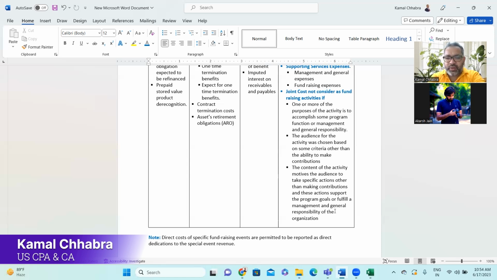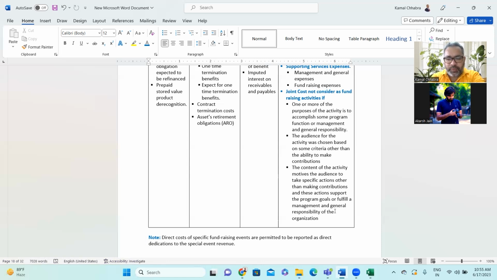In that scenario, the main activity is not donation, the main activity is not fundraising, right? Hence the expenses which the not-for-profit organization has incurred should not go dedicatedly to the fundraising activity. Some piece of it may go to the fundraising activity, which is a specific and dedicated cost for fundraising, but the others should go into general and administration expenses.